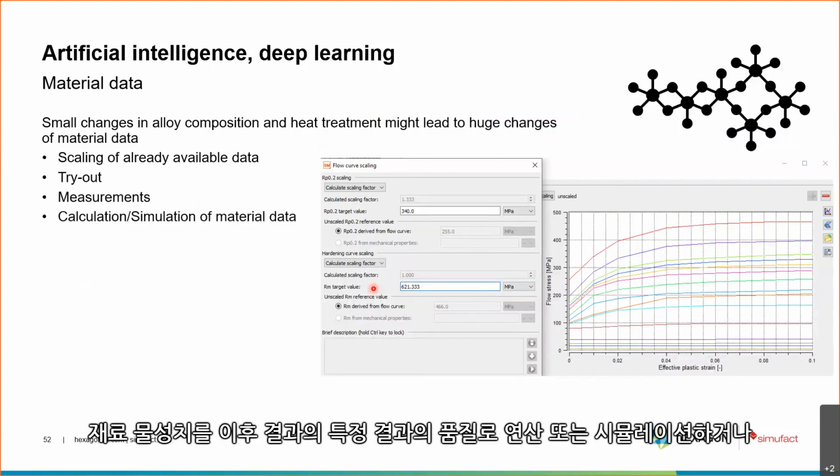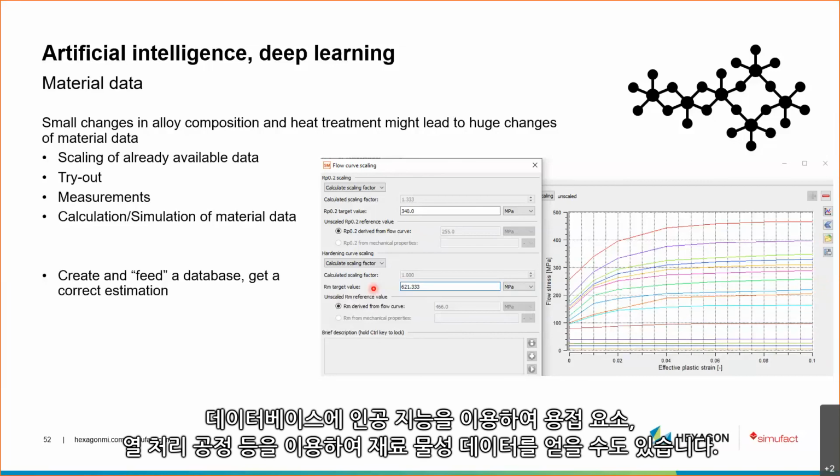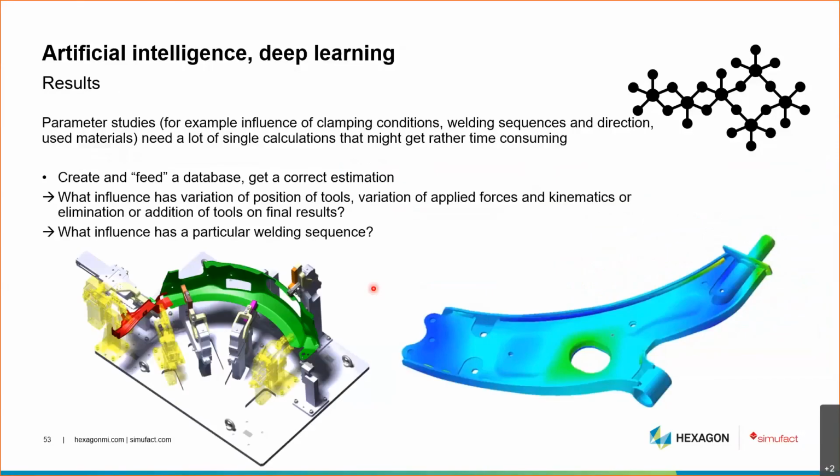One can calculate, simulate the material data with certain quality of results afterwards. Or also maybe it is possible to feed some type of a database with some intelligence behind it, with alloy composition, with the heat treatment process, and so on, and then get the material data out of it.